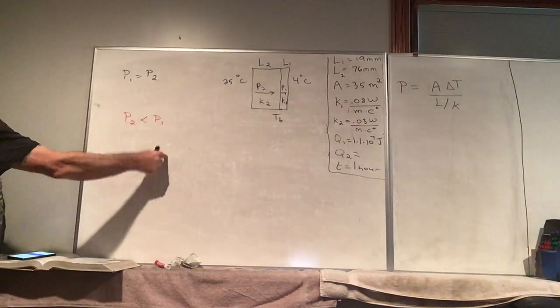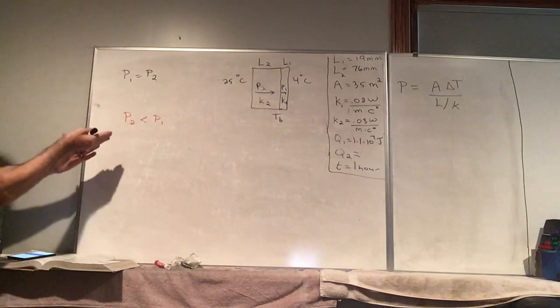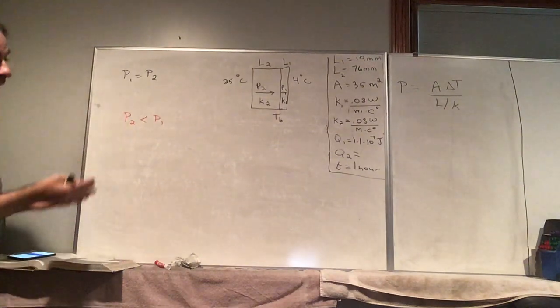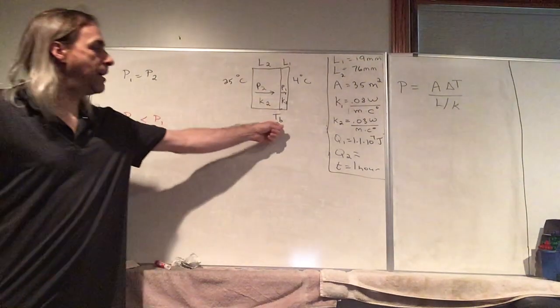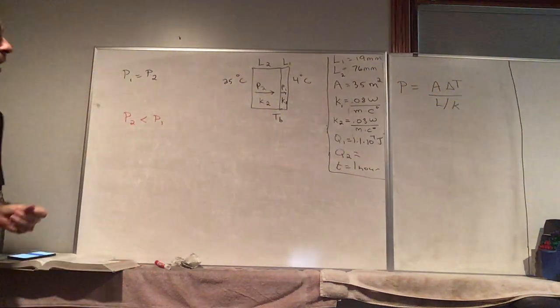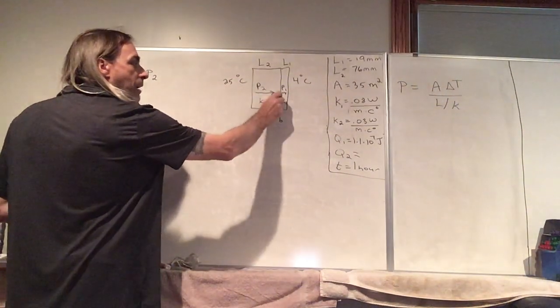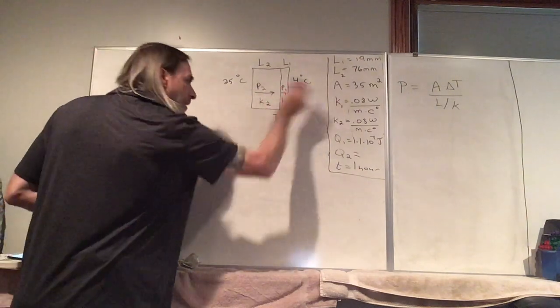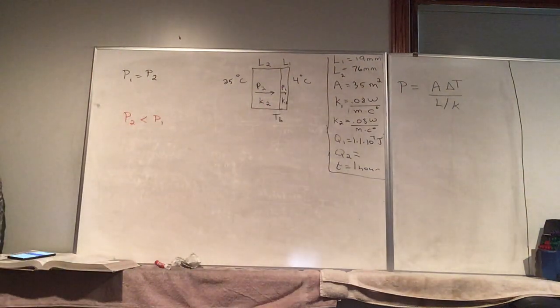And so this value is going down, this value is going up. Eventually, they're going to meet. And when that happens, then this boundary temperature is going to be fixed because energy is being delivered to the boundary at the same rate that energy is leaving the boundary. And so now it's in equilibrium.